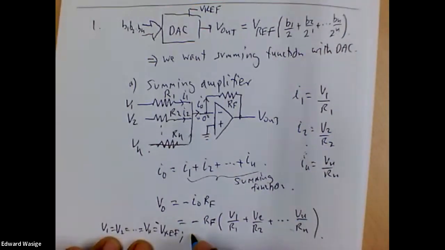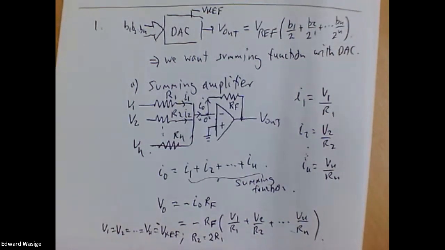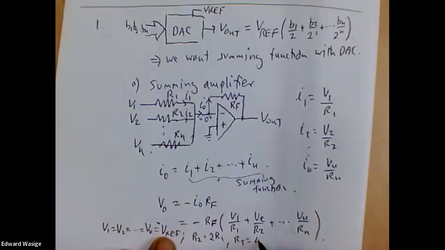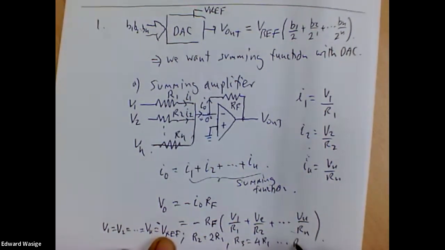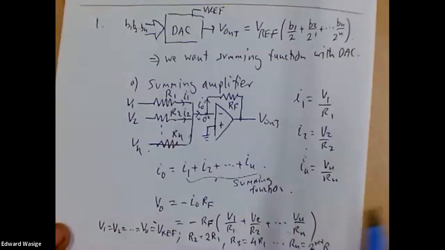And if we make R2 equal to twice R1, R3 equal to 4R1, and Rn equal to 2 to the power n minus 1 times R1, then this expression will be identical to that expression, and therefore this circuit will work as a DAC.